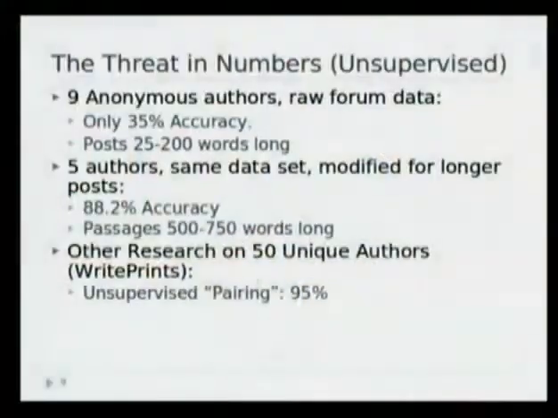So clearly there's a little bit more work to do here, but there is also other research going on. There are some researchers that wrote this great paper called Write Prints, and if you Google Write Prints, you can find it, who claim to have as high as 95% accuracy looking at unsupervised clustering of 50 authors or more. Now, their problem is defined a little bit differently in the fact that they're looking only at pairing of authors.